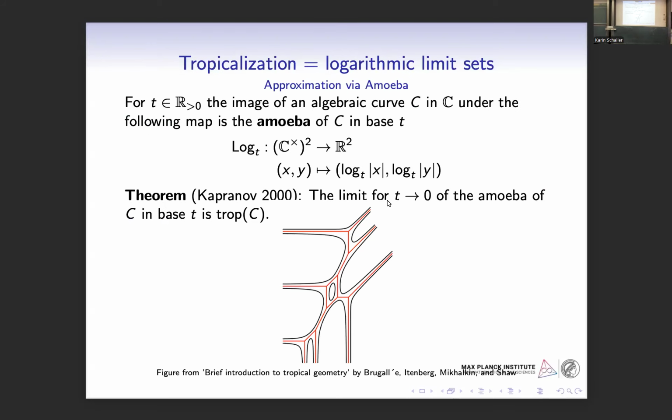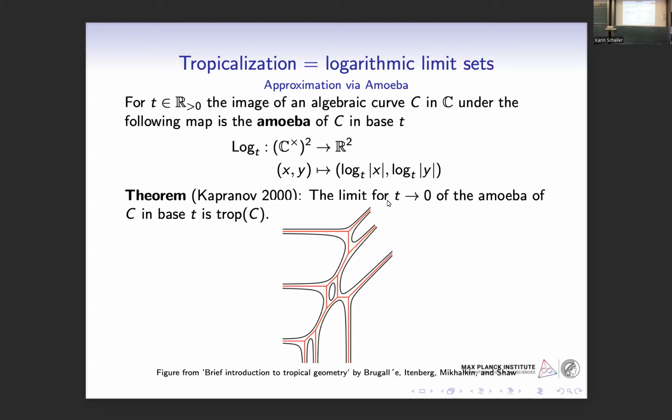Now, what we are going to need is real tropical geometry, and here the idea comes from logarithmic limit sets and approximations via amoebas. If you have an algebraic curve, you look at the map Log_t that takes your points x, y and maps them to log base t of the absolute value of x and the absolute value of y.